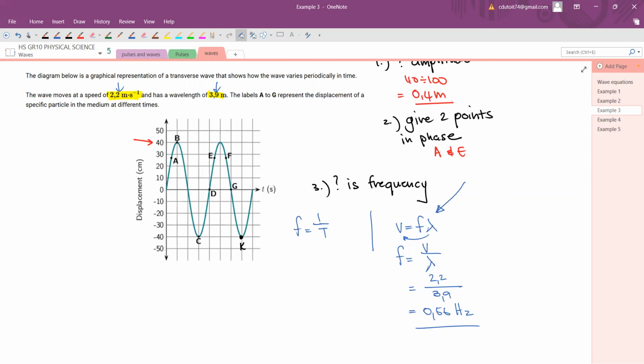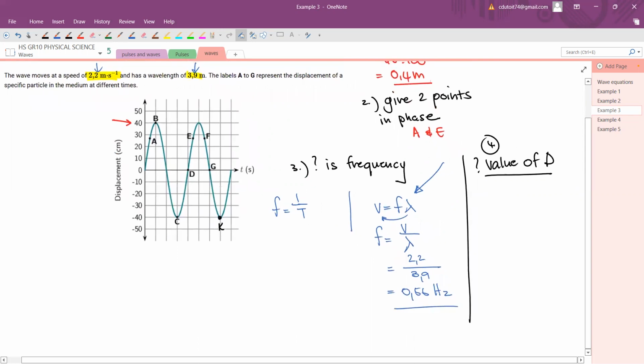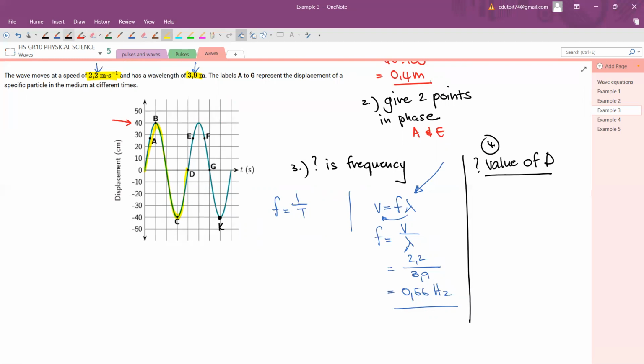So now we can actually determine number 4. What is the value of D? Who of you can do that now? Is D exactly a spot where one wave is completed? D is on the x-axis, and that represents time.